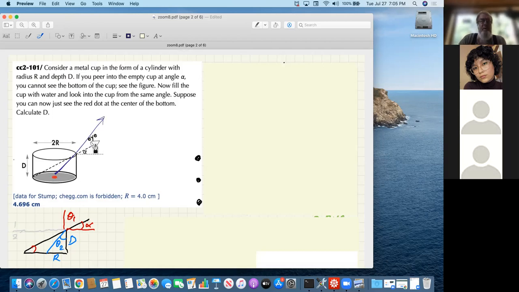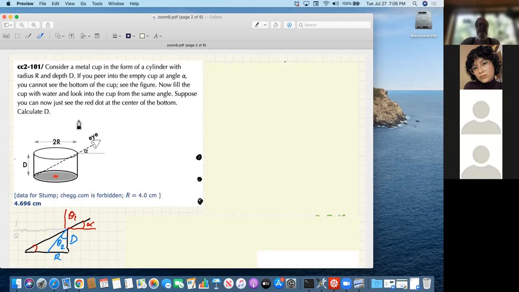So you see, with your eye located at this position, light from the far end of the lower surface will come into your eye, but light on the lower surface, and in particular at the center of the lower surface, would not come into your eye and you wouldn't see it. Well, that's when the cup is empty. So light just travels in straight lines. It's just traveling through the air in a straight line.